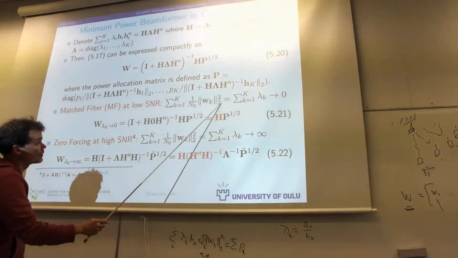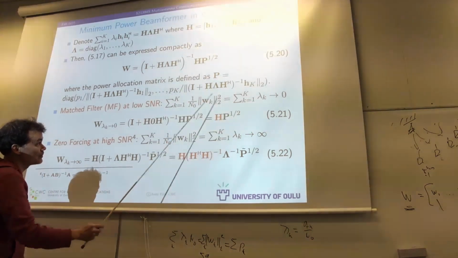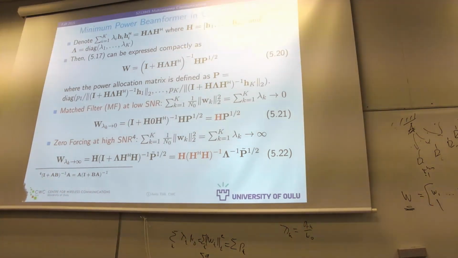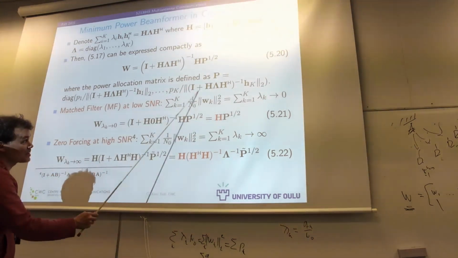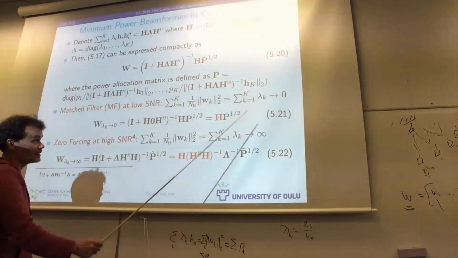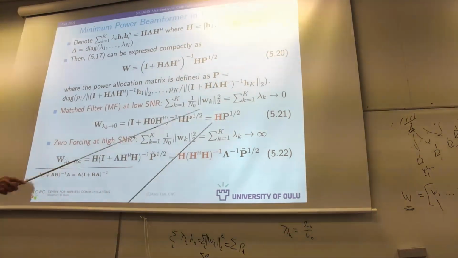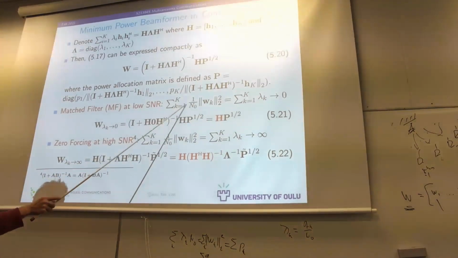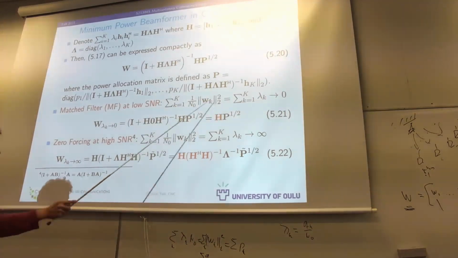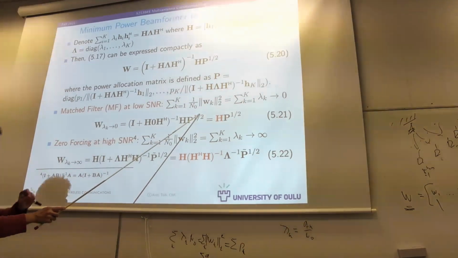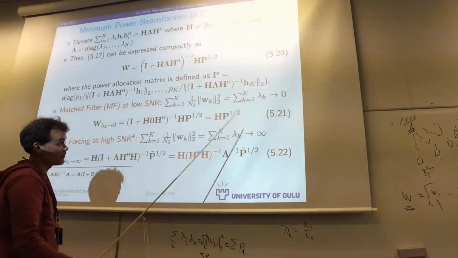Using again the primal-dual equivalence, the objective of the primal problem should be the same as the objective of the dual problem. Just divide both sides by N0. You can interpret this as an SNR, power divided by the noise. This is the total transmit SNR, equal to the sum of lambdas.